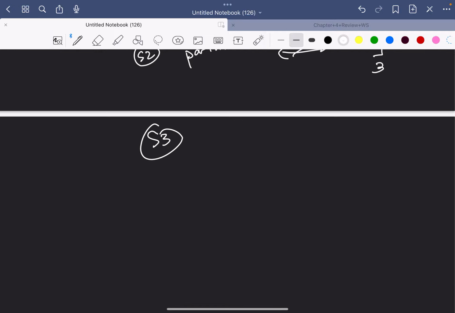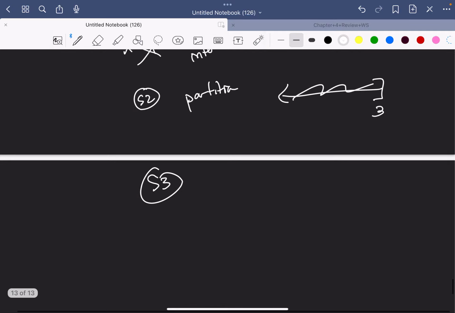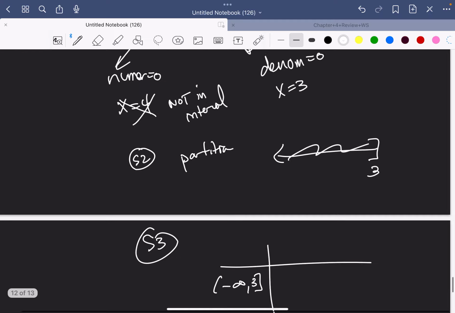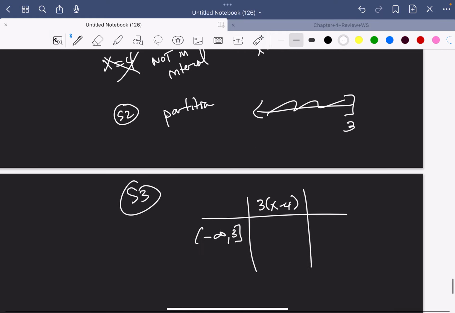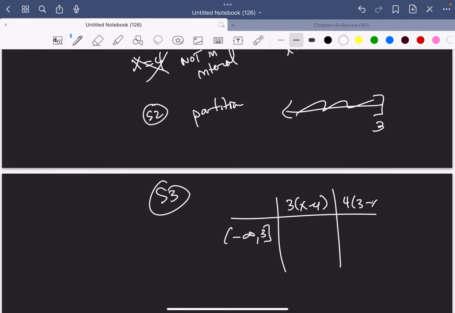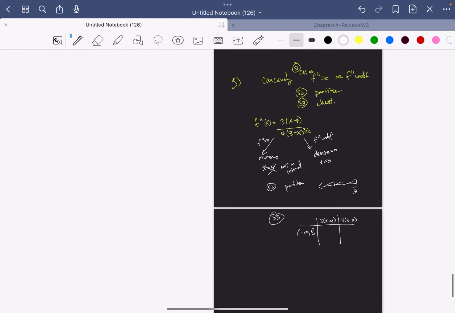Step 3, I don't even think we have to chart, because all we have to do is see that for our second derivative, if you put in anything in there, but if it makes you happy, we just have one interval here, right? And our derivative is 3x minus 4 on top, and on bottom it's 4, 3 minus x to the 3/2.